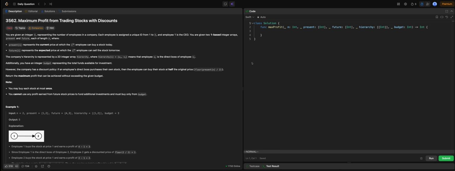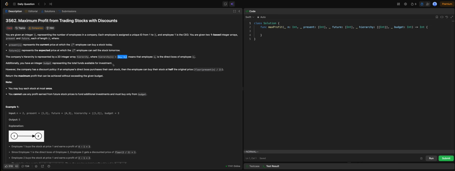The company hierarchy is represented by a two-dimensional integer array hierarchy, where hierarchy[i] = [u, v] means that employee u is the direct boss of employee v. That means the first index here is the manager of v. Additionally, we have an integer budget representing the total fund available for investment. So we have one budget that can be used between the manager and employee.